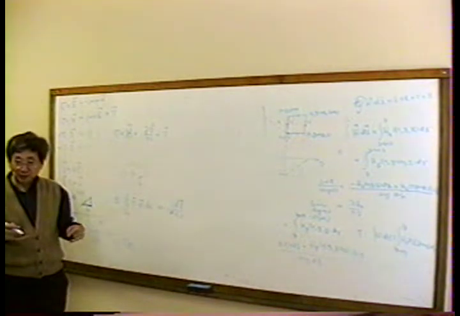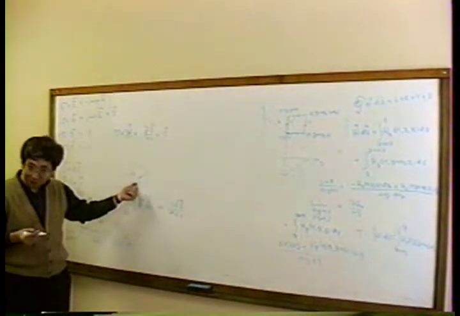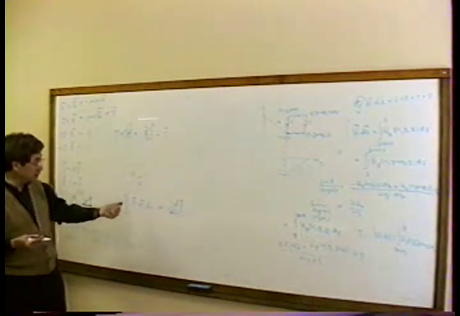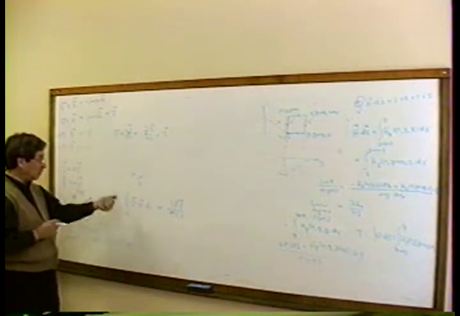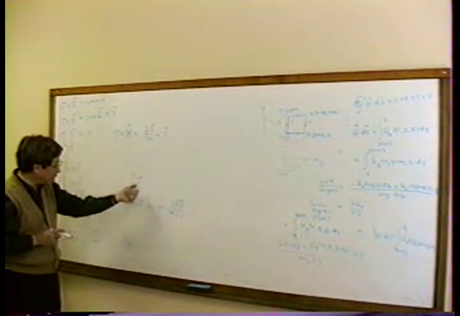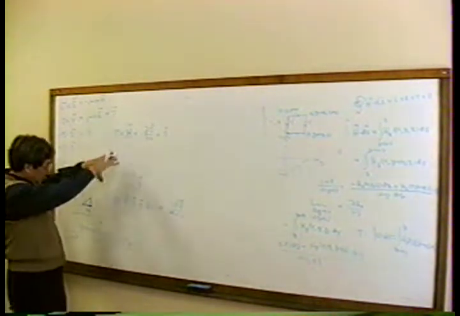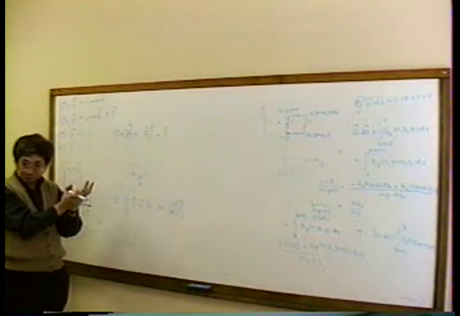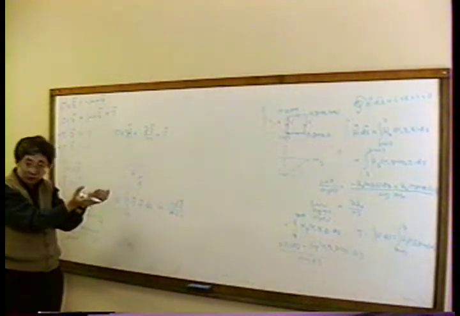To answer why, we must go back to something more fundamental. This something fundamental is the equation of continuity. Equation of continuity means if you have an electron wind blowing, you take a closed surface enclosing a volume.